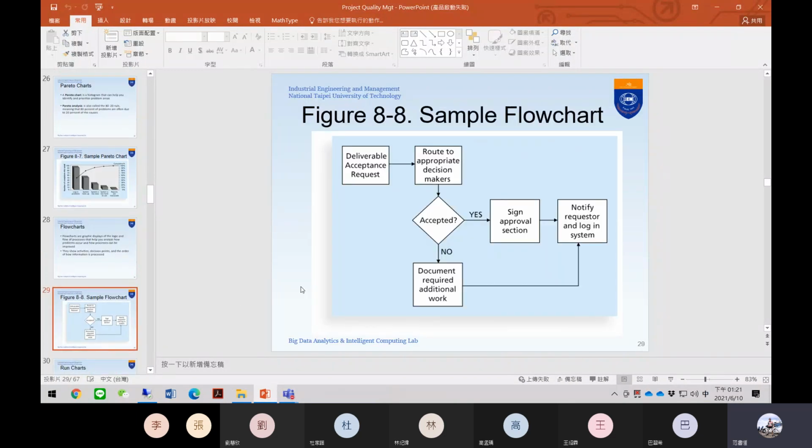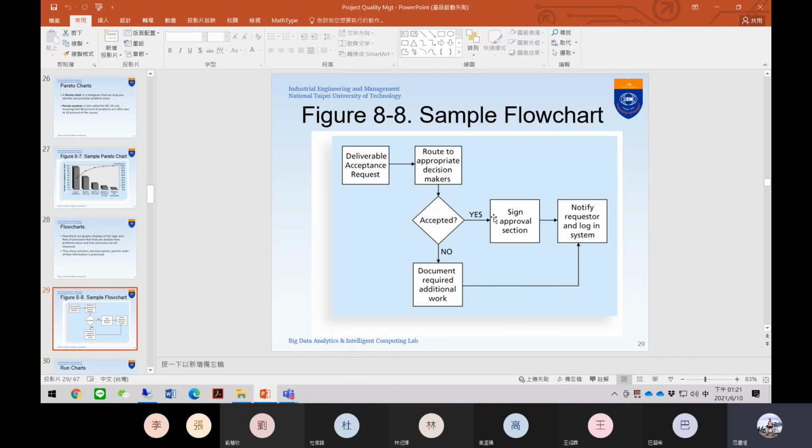Then this is a sample flowchart, for a deliverable acceptance request. It is routed to the appropriate decision maker, and there's a decision block: accepted or not.